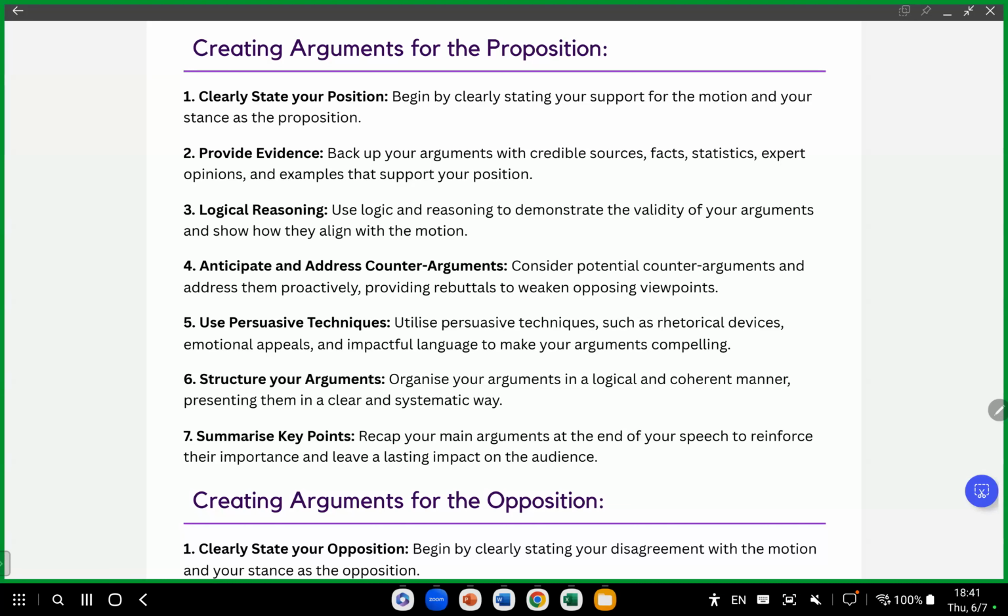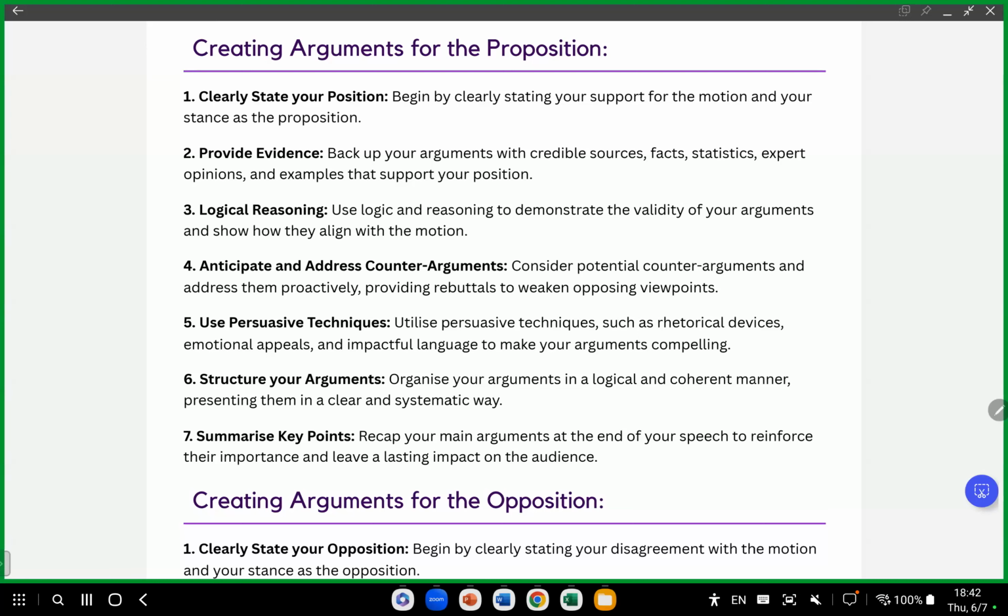You need to use persuasive techniques. Now, persuasion is convincing somebody of an idea or trying to convince them to do something that you want them to do by pointing out the good things about it.